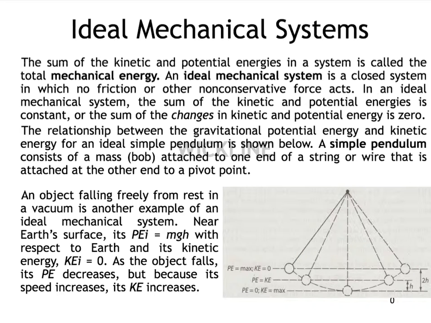And as it falls, it's going to be losing potential energy because it's losing height. But ideal mechanical systems would not break the law of conservation. So you can't just be losing potential energy. That energy needs to be going somewhere. And in this case, the energy that's being lost from potential is being converted directly to kinetic energy.